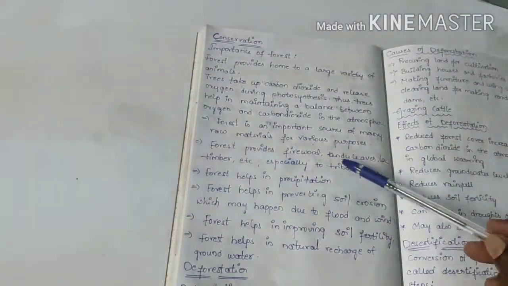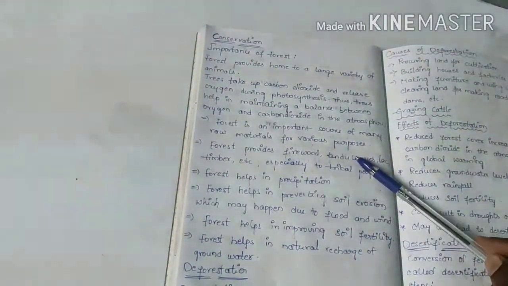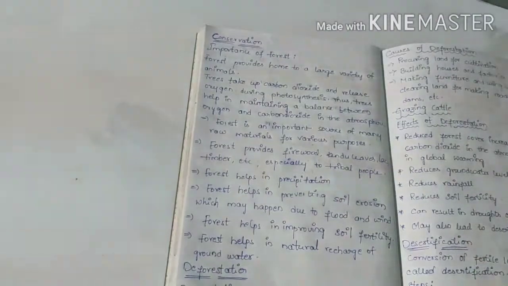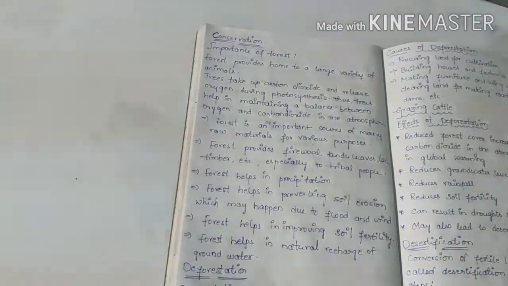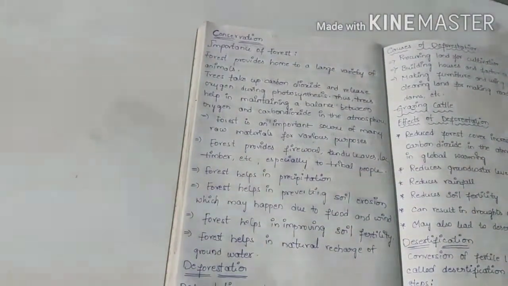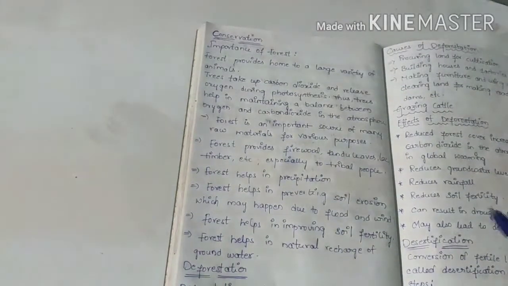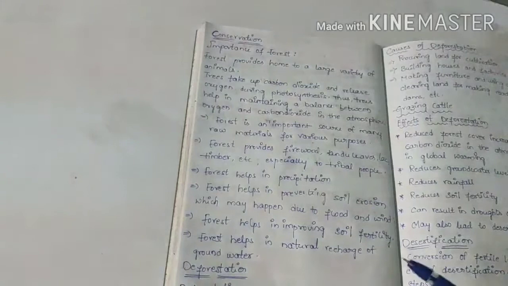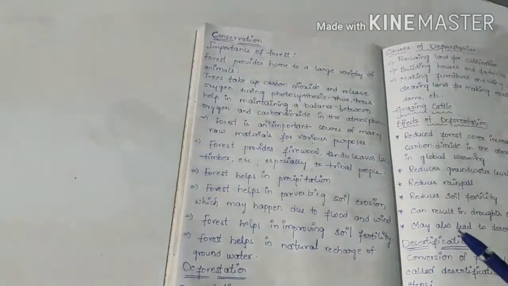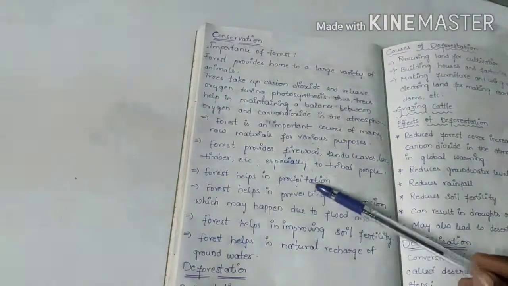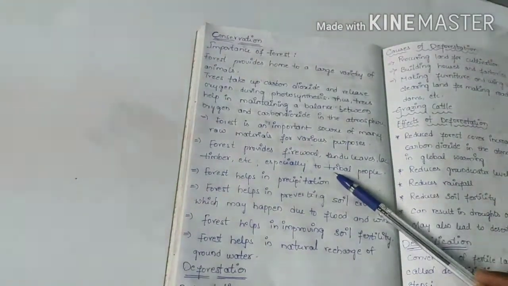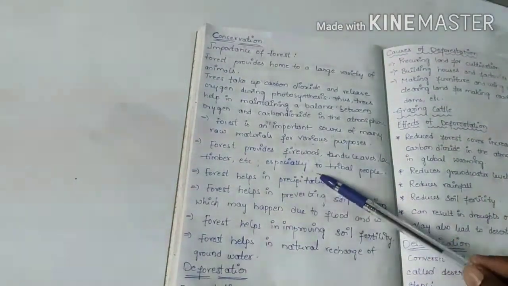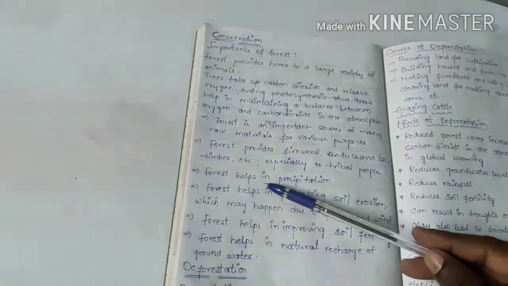Now coming, forest is an important source of many raw materials for various purposes. Like furniture, for furniture we get it from trees only. A high amount of trees means it is in the forest. Not only that, many raw products we are getting from the forest. Forests provide firewood, timber, etc., especially to tribal people.